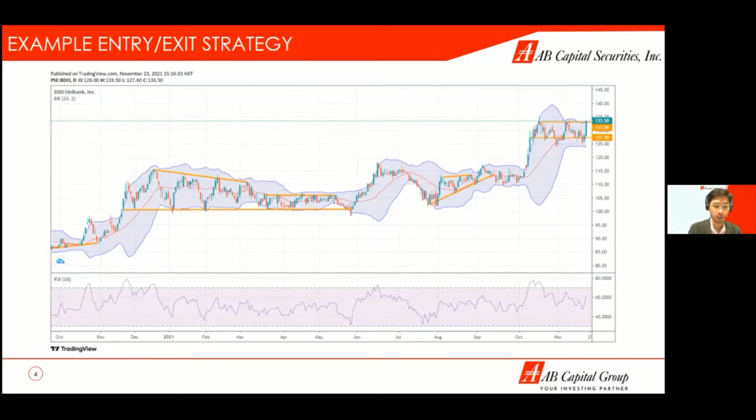When the RSI is 30, that usually means that the price is already oversold, meaning that it has fallen by a big amount in a relatively small amount of time. And when you have an RSI of 70, that usually means that the stock is overbought, meaning that it has risen a significant amount already.